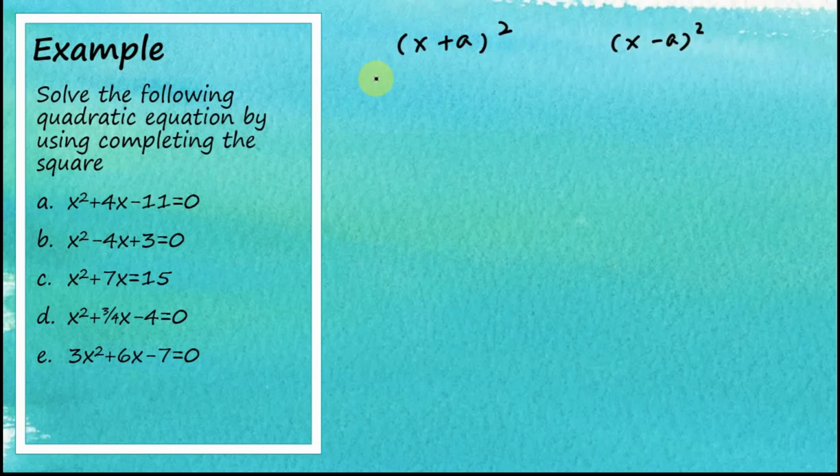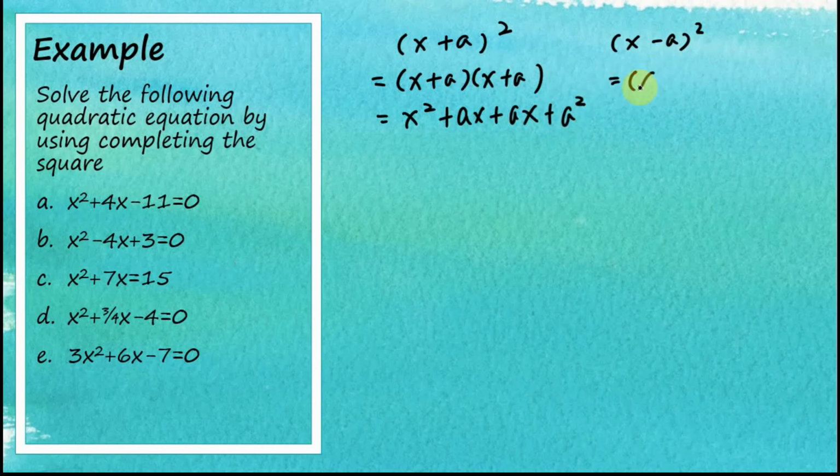To expand this, we rewrite it as (x plus a) multiplied by (x plus a). So to expand it, we get x squared plus ax plus ax plus a squared.